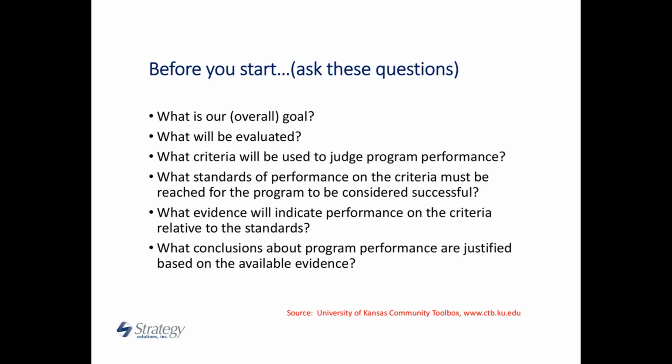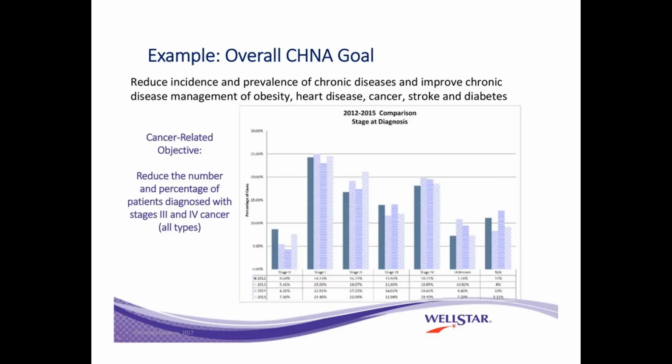If we screen 10 people, if we screen 100 people, we should be talking about what we would like to accomplish through that process. And what evidence are we going to collect to let us know that what we've tried to do for an intervention actually works. So I'm going to walk through this process and show you an example because of some work we did with West Georgia Health, which is now Wellstar West Georgia Health.